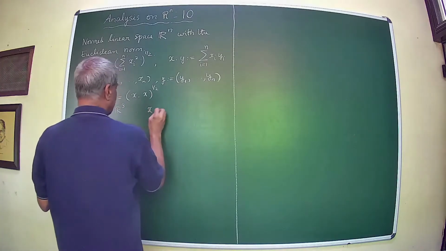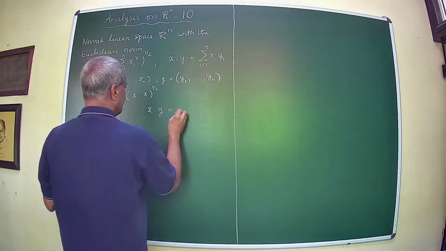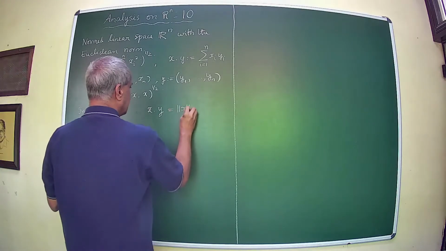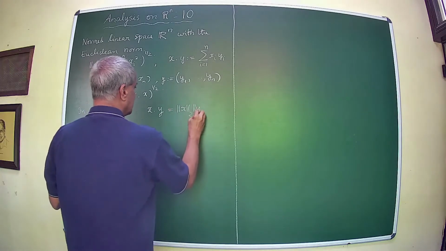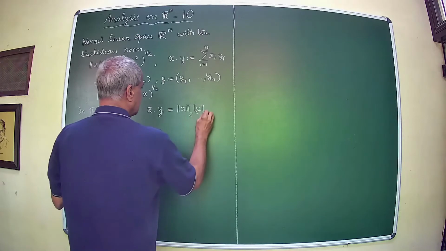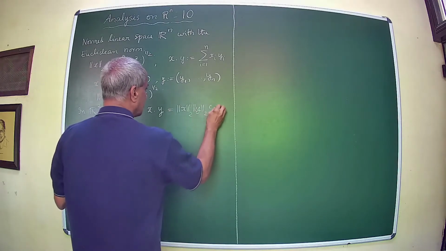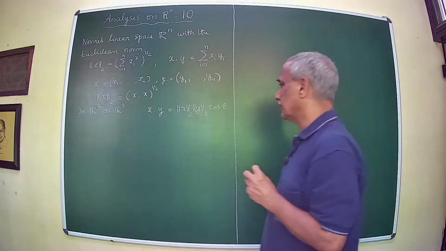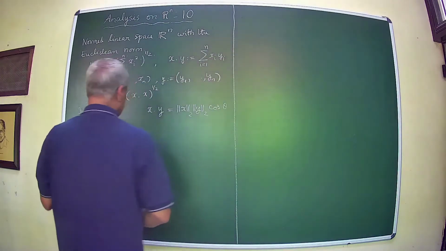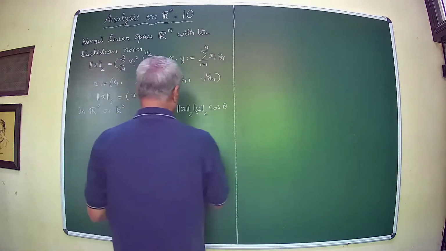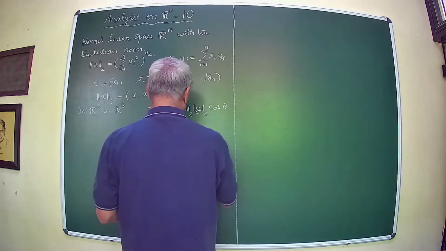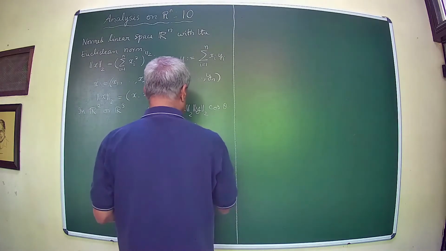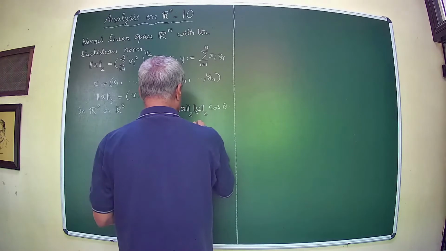X dot y equals norm x norm y cos theta, where theta is the angle between two vectors, x and y. So something like this. Suppose this is the vector x, this is the vector y.